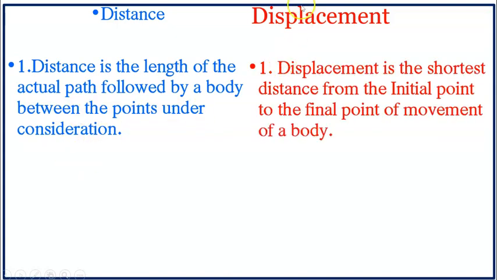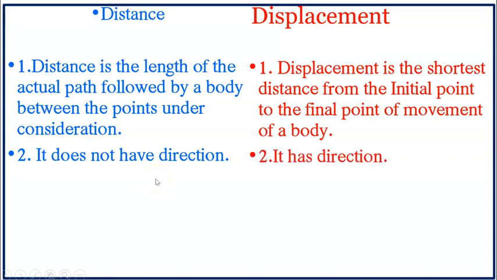Second, here for the displacement, displacement is the shortest distance from the initial point to the final point of movement of a body. Second, it does not have direction. It has direction. We know that.